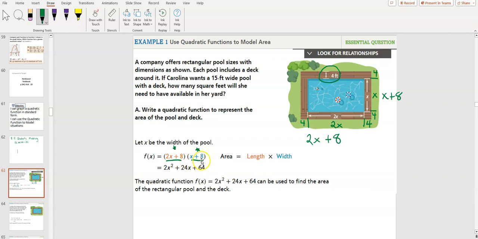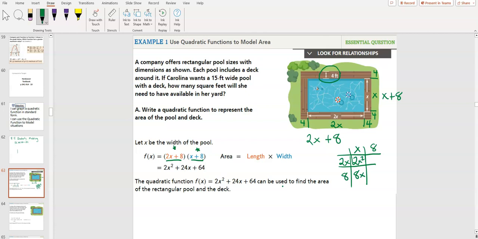That's how we got this expression right here. Once I take the length and the width and we multiply it out, we can FOIL it. You can do a box method as a reminder. You're basically going to do 2x and 8, and then this is x and 8, and you multiply together, and that's how they're getting the 2x squared.